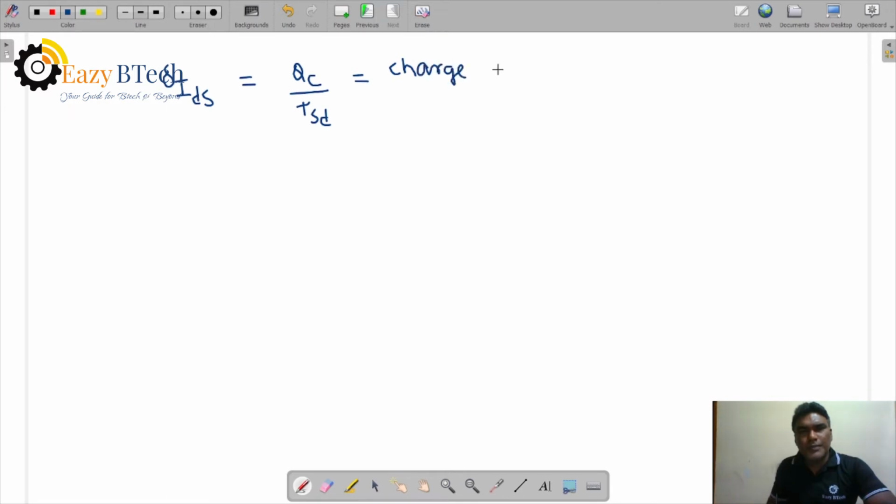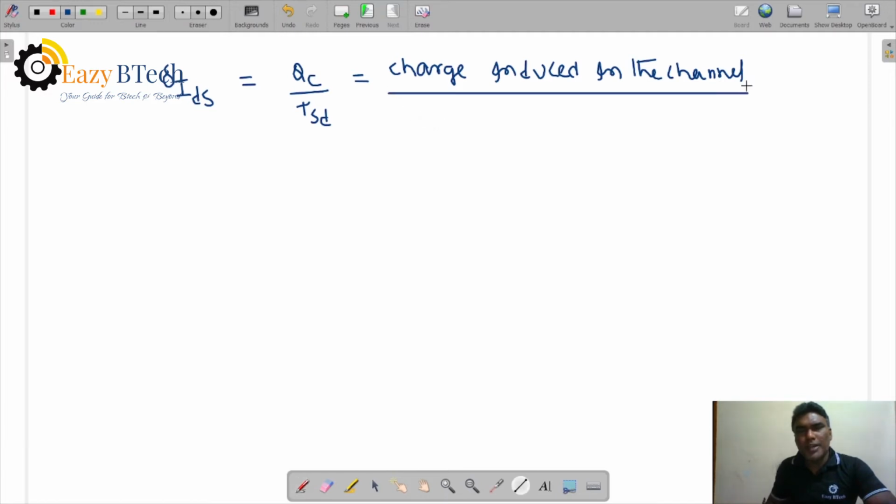IDS is equal to the charge induced in the channel, QC, divided by the transit time between source and drain.